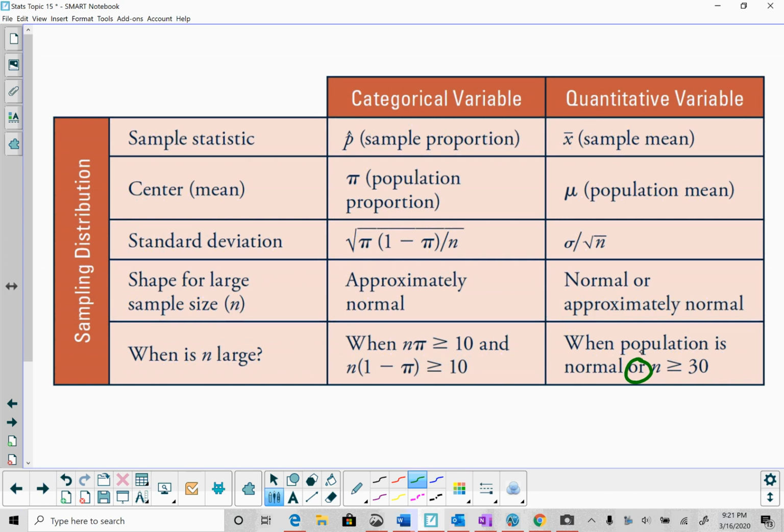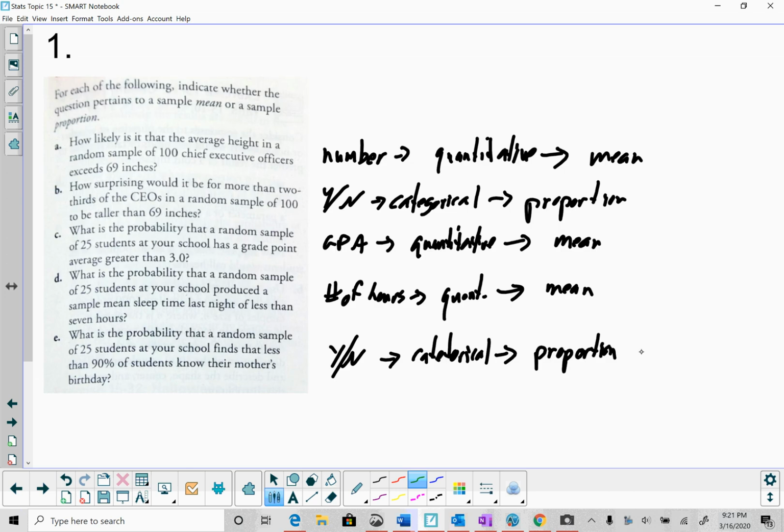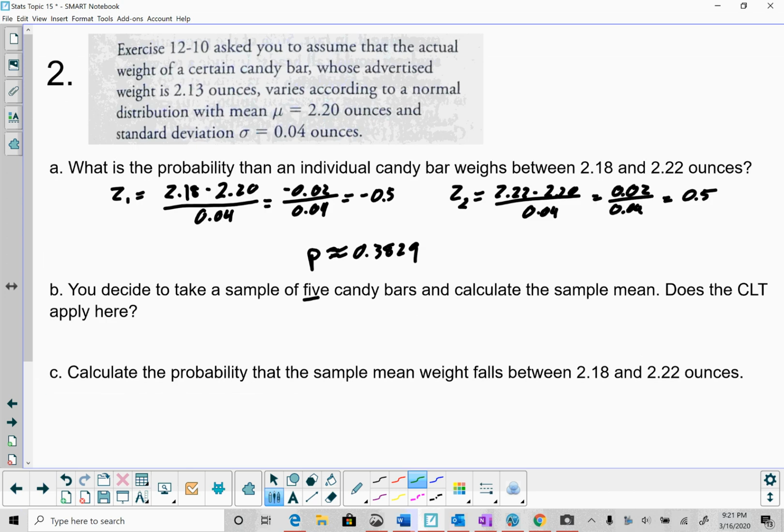We can use our central limit theorem if n is greater than 30 or when the population is normal. And what did they tell us? It varies according to a normal distribution. We are then cleared to proceed.